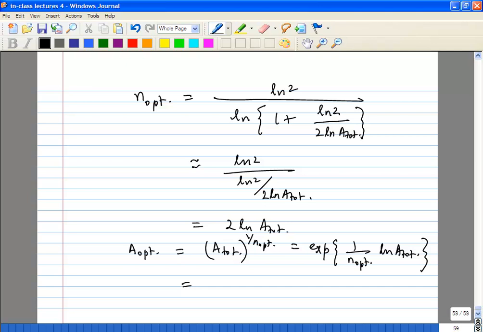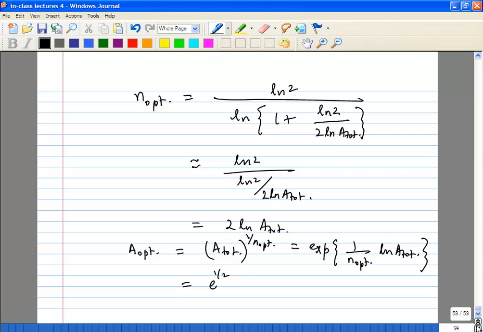What is ln A tot over n naught? It is nothing but half. So you're just going to put this equation in here. So your actual optimum gain per stage for a very large number of stages is actually root e.